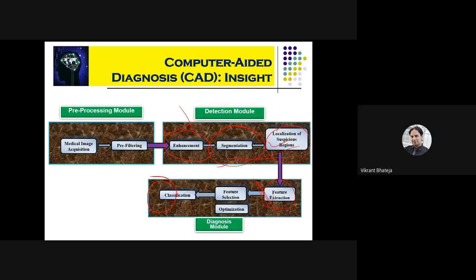That is when this particular region, your anomaly region, is localized after the segmentation. Now it may be possible that you could have explored only a certain set of statistical features for extraction.